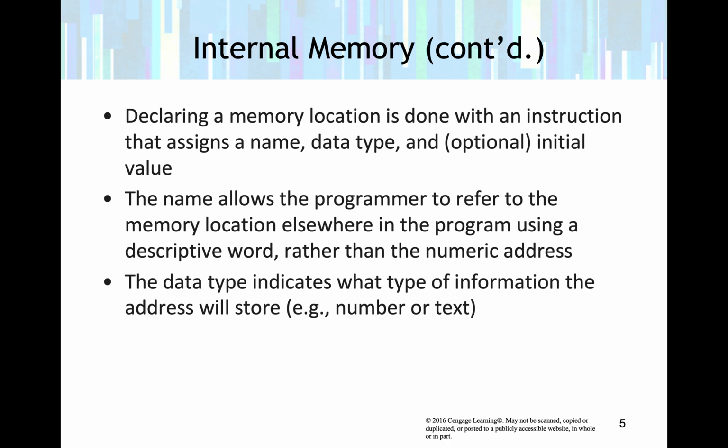You're 1 year old, 2 years old, 3 years old, so on. So that's an integer. What you're going to be storing in the variable could be somebody's name. So a name would be a string of characters. And so we have something called data types for each variable or constant that we create.